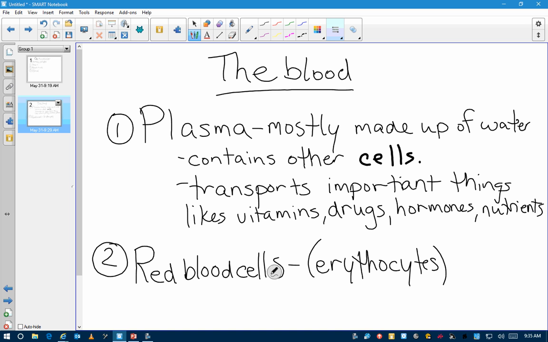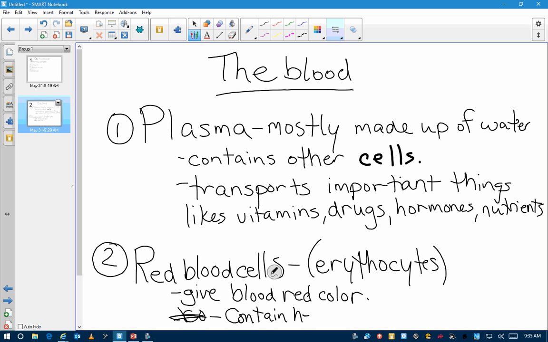Okay. Red blood cells, what do you need to know about them? Let's just say they give blood its red color. They contain hemoglobin. Does anybody have low hemoglobin?